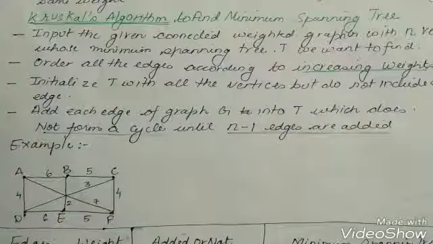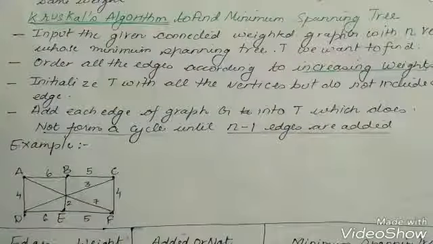N minus 1 equals 6 minus 1, that is 5. So the spanning tree which we are going to create can contain only 5 edges. So the first edge which we are including is BE. So we draw this line from B to E with weight 2. Then we have CD with weight 3. So we have drawn this CD with weight 3.